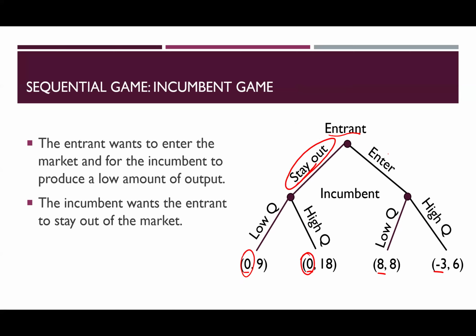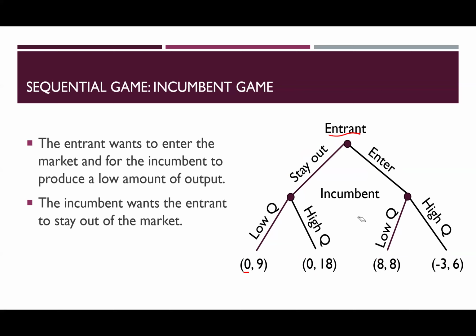If they enter and the incumbent produces a low amount of output, they earn 8. And if the incumbent produces a high amount of output, they earn -3. All right. So when they're considering these two, their preference is, of course, that they enter and that the incumbent produces just a little bit of output. The question is if that will actually happen.